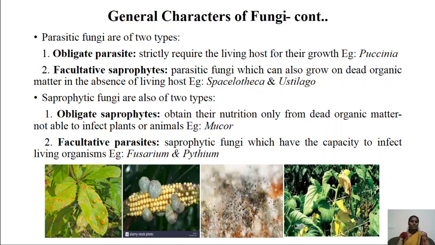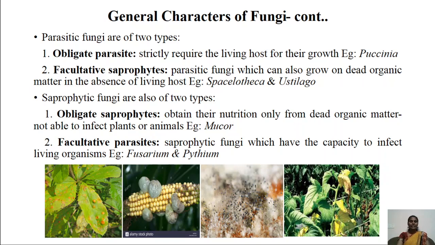Coming to the types in saprophytic fungi, the first one is obligate saprophyte. These obligate saprophytes obtain nutrition only from dead organic matter, but they are not able to infect plants or animals. Even though they get a host, they are unable to infect it. So these are called strictly saprophytes, obligate saprophytes.